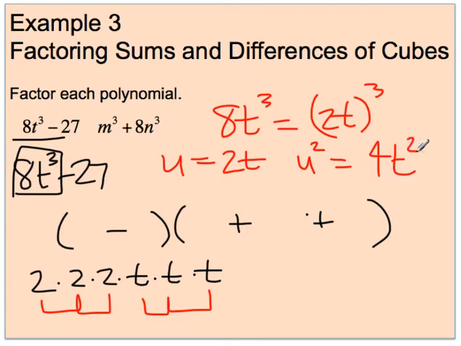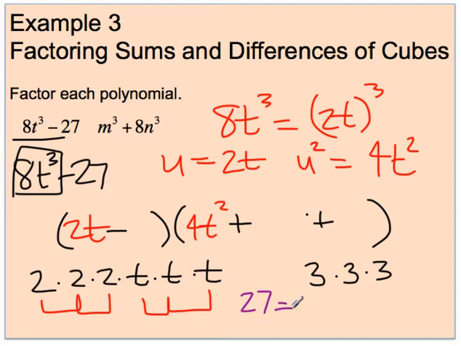So remember, our u term, 2t, goes into the binomial, and the front part of the trinomial is going to be u squared, or 4t squared. 27 can be written as 3 times 3 times 3, so 27 we can write as 3 to the third power. So v is going to equal 3, and v squared is going to equal 9.